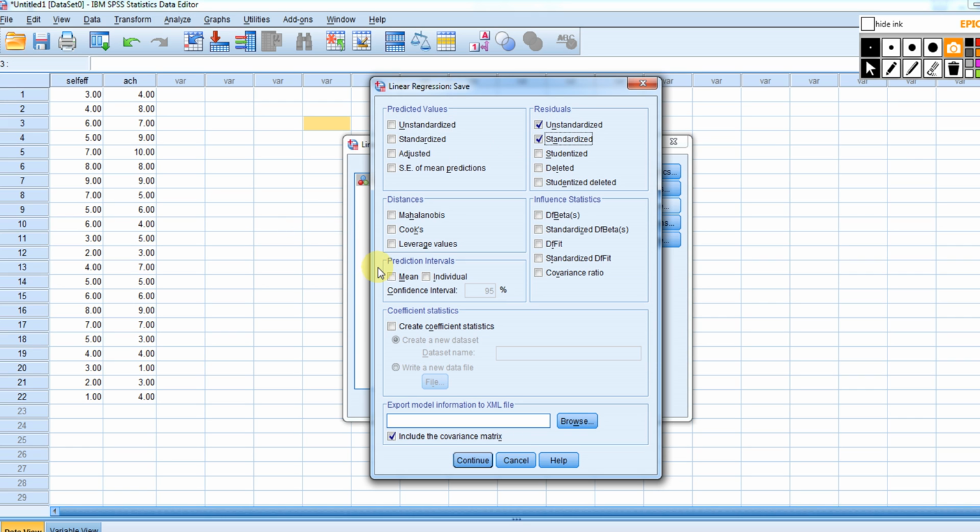Basically the prediction errors are generated in the following way.